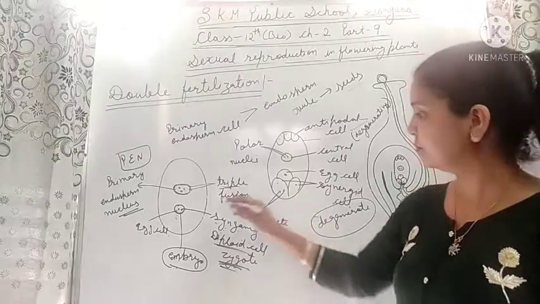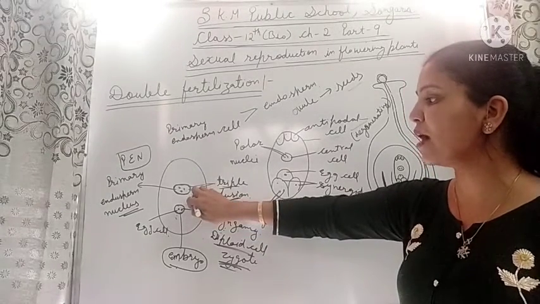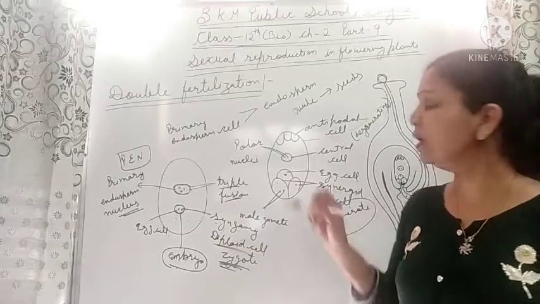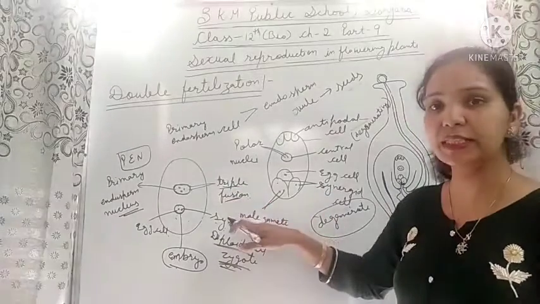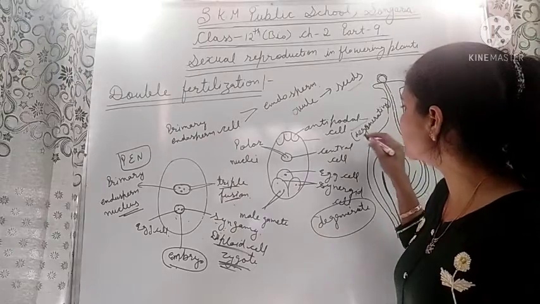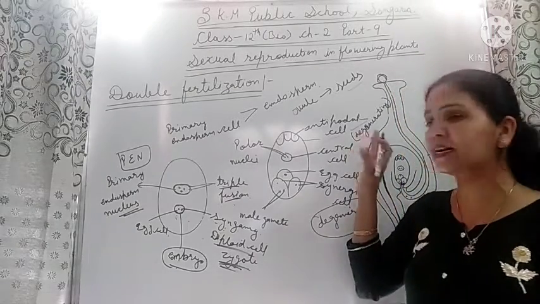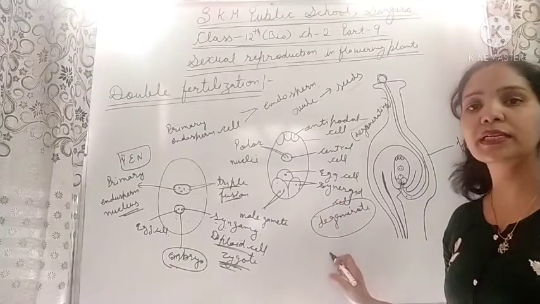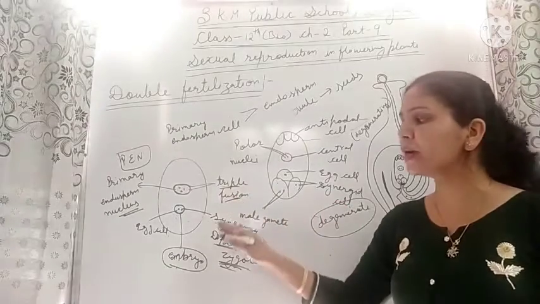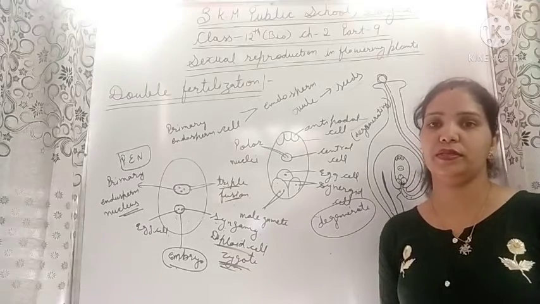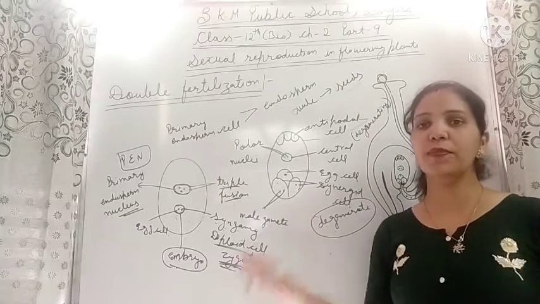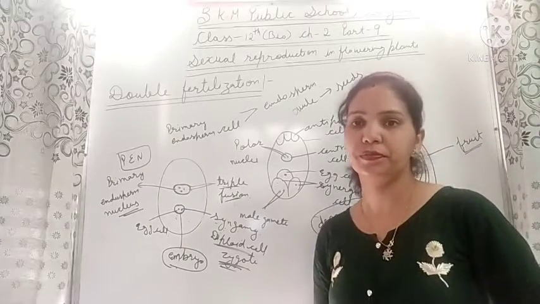Okay, और लास्ट में क्या रह जाएगा, सिर्फ एंडोस्पर्म और embryo. So in this way only endosperm and embryo are left. Clear? So this is about double fertilization.